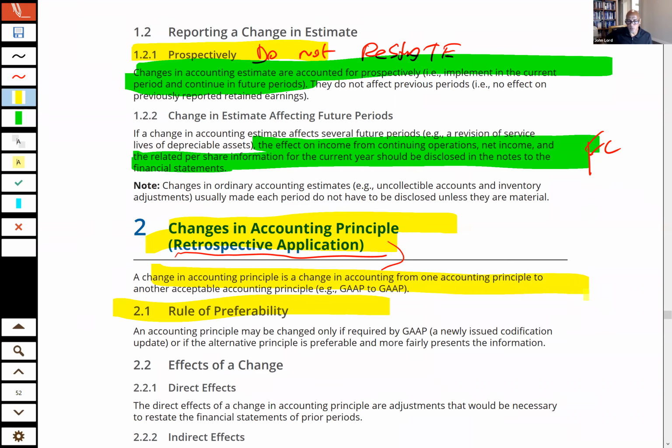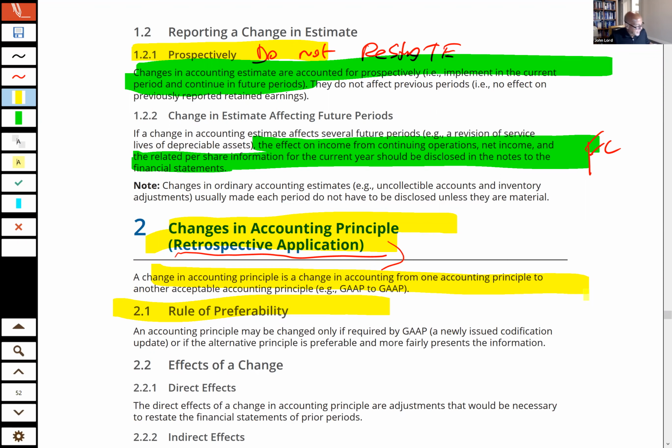And the reason we're doing this is because we have decided that the standard that we're changing to is preferable over the old method that we were using. So it is going to show the net position of the company, their income, better. And that's why we're changing.